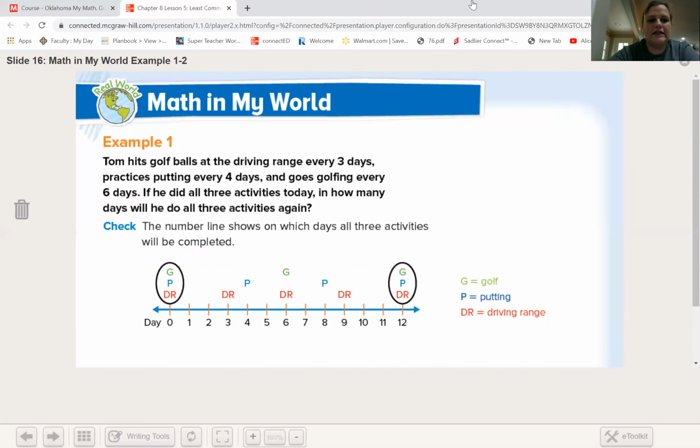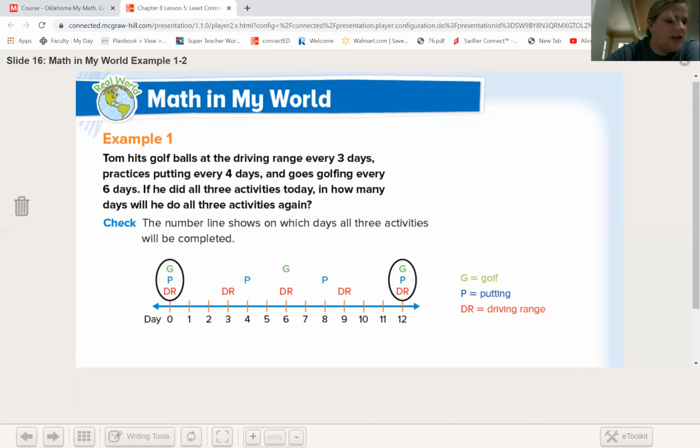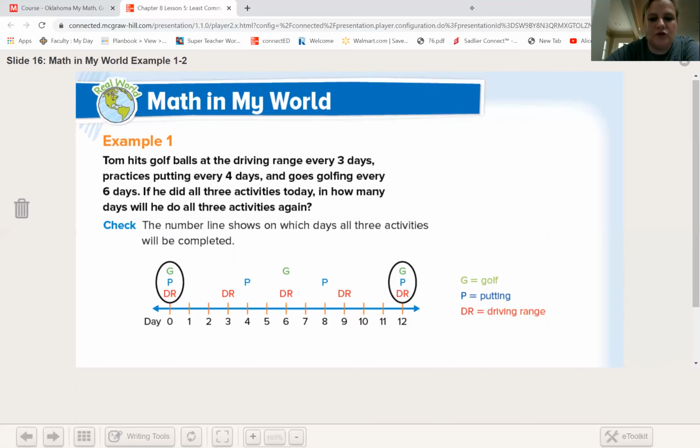Now for checking, all they've done is make a number line here. He practices putting every 4 days, so they've put a P for putting on 0, 4, 8, and 12. They've put a G for playing golf every 6 days: 0, 6, 12.